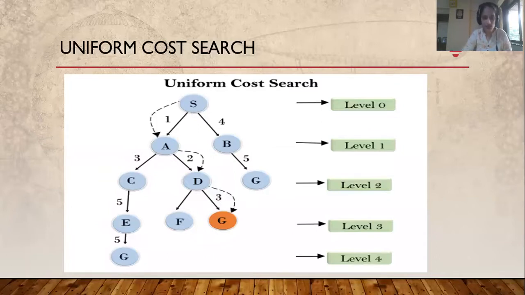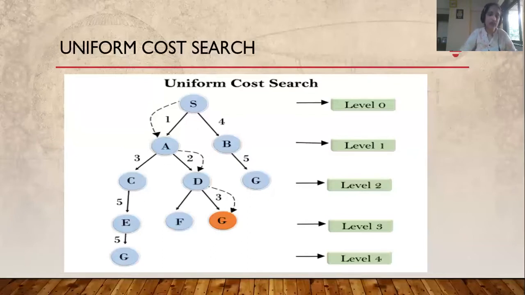When we insert A, the cumulative cost will be 0 plus 1, so 1. When you insert D, it will be 0 plus 1 plus 2, so D has a cumulative cost of 3. And when you insert G, it will be 3 plus 3, which is 6.